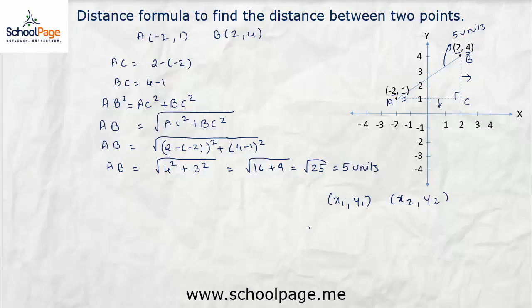The distance formula is given by d equals the square root of (x2 minus x1) the whole square plus (y2 minus y1) the whole square. We can take any one of the 2 points as (x1, y1). The other point will be (x2, y2). The distance will be the same as we are squaring the x and the y coordinates.